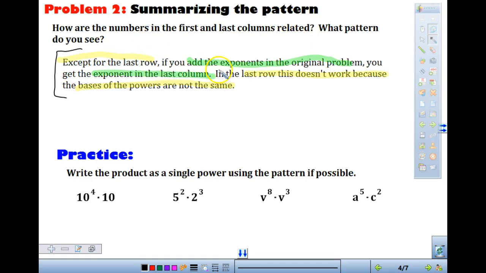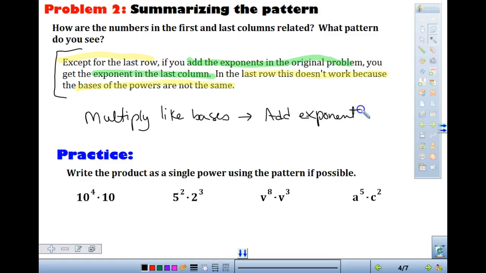Except for the last row, the pattern is we add the exponents from the original problem. So the other thing I'd like you to write with this is that when we multiply like bases, we will add the exponents. And later we come up with what's called the algebraic rule of this. Okay, so that was that box right there that you're filling in. So this was what was inside that box. This simplifies it a little more, but that last one was special, right?